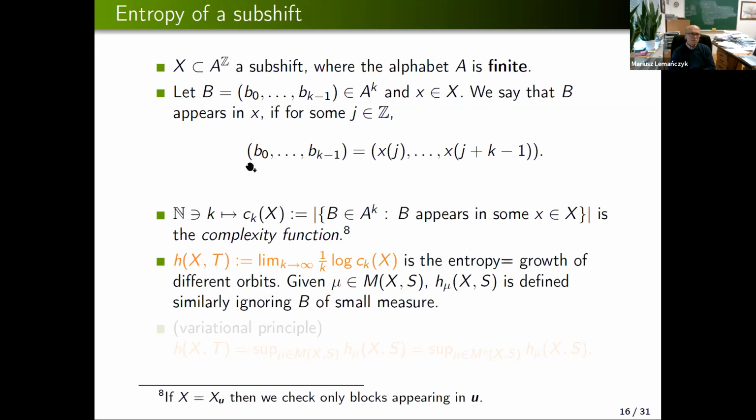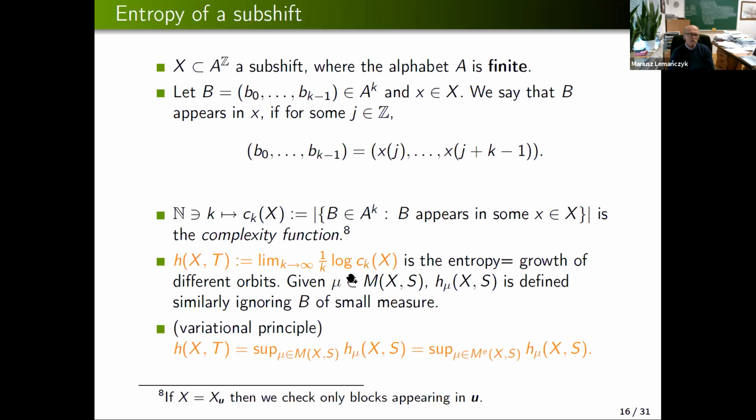Then we look whether this block appears in our infinite sequence X. I have a position j, so that B0 is Xj, B1 is Xj+1, and so on. If we see this, then we say that B appears in X. Then there is a natural function: to each k you associate the number of blocks of length k you can see in your subshift. This is the so-called complexity function.